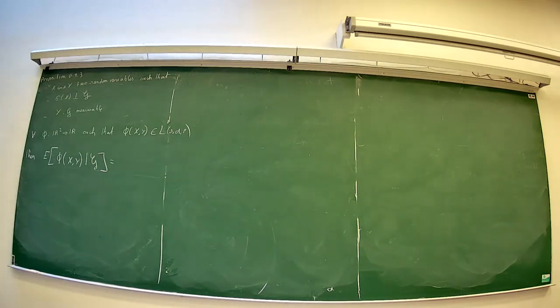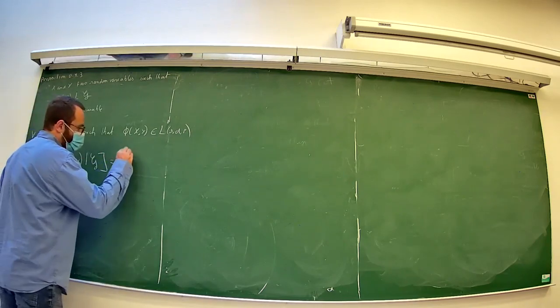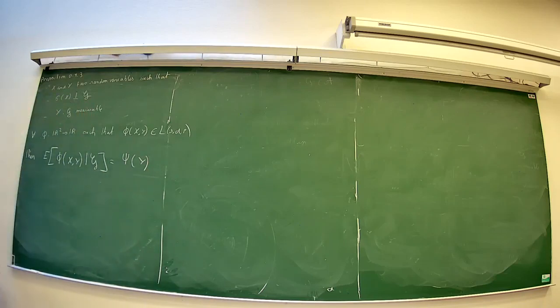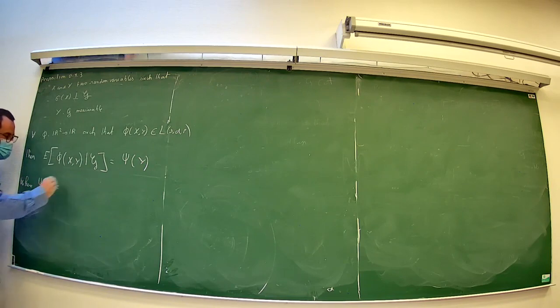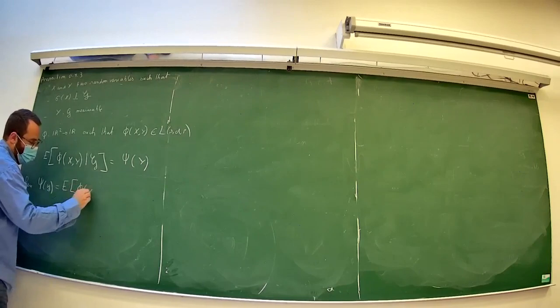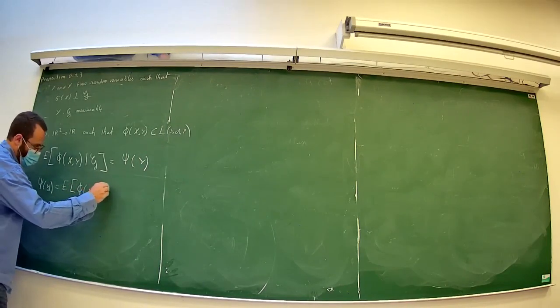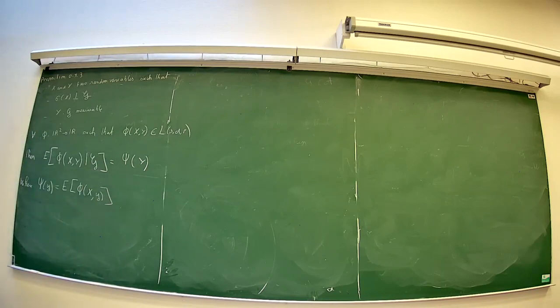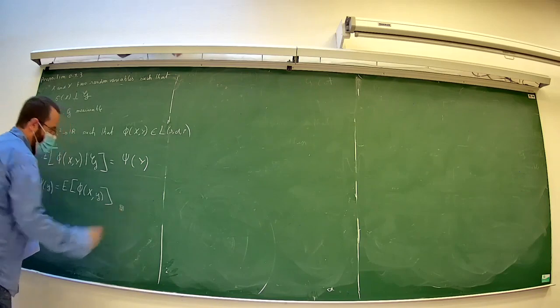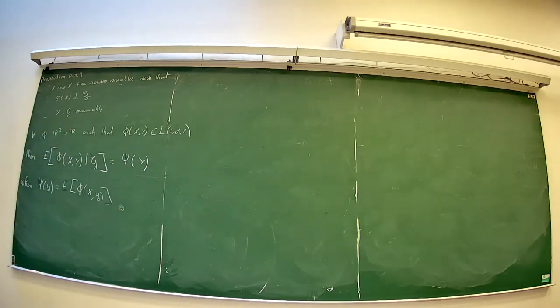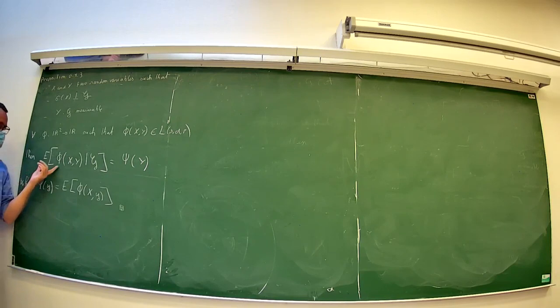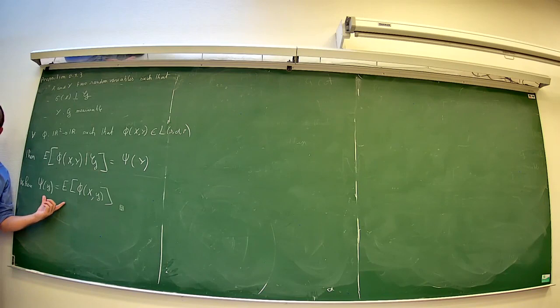The conditional expectation of phi of X, Y given J is equal to psi of Y, where psi of small y is given by the expectation of phi of X, y. So in this case, where I have independence and measurability, computing this conditional expectation is not more complicated than computing an expectation with respect to X. This is the intuitive meaning of this.